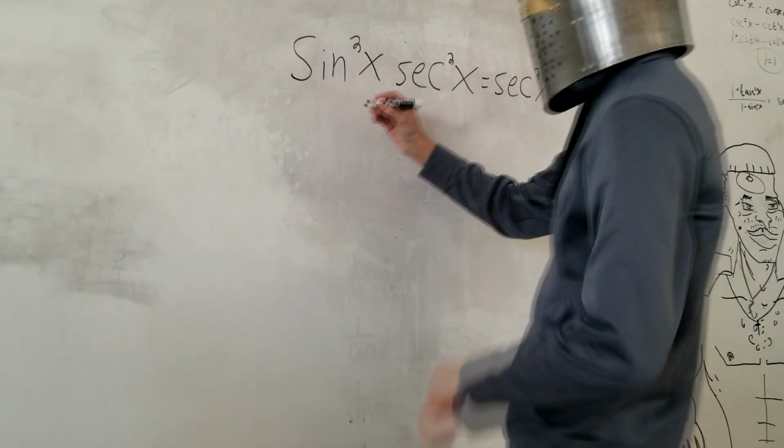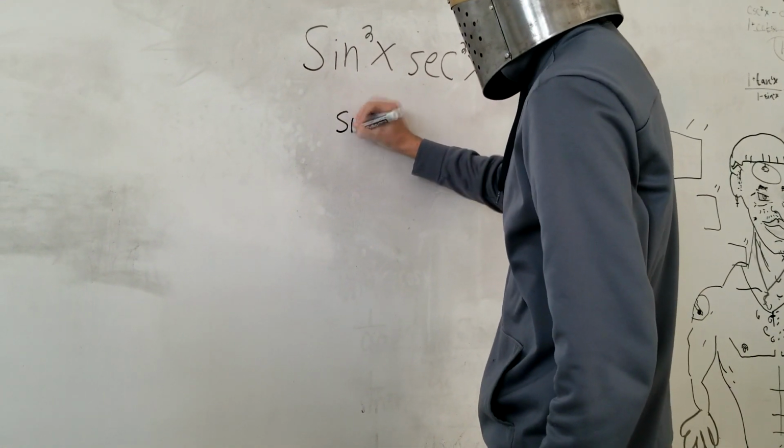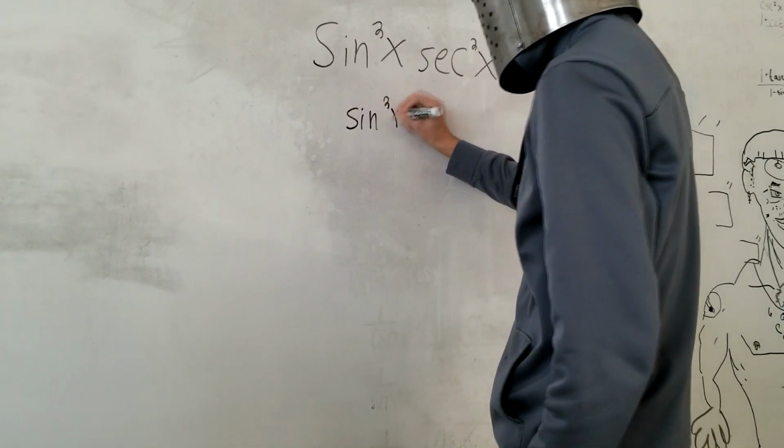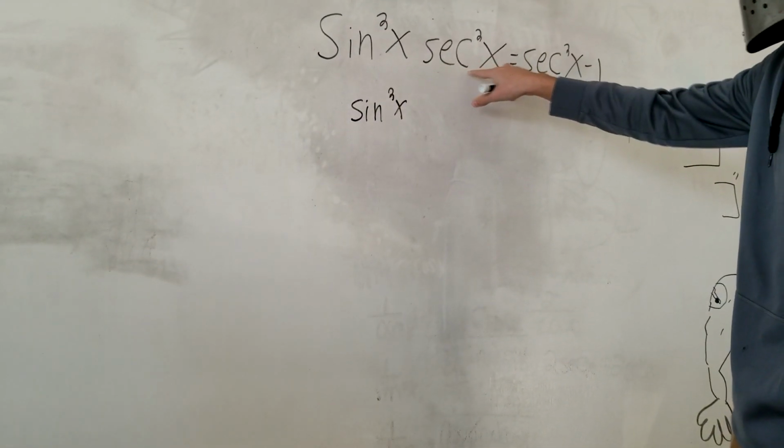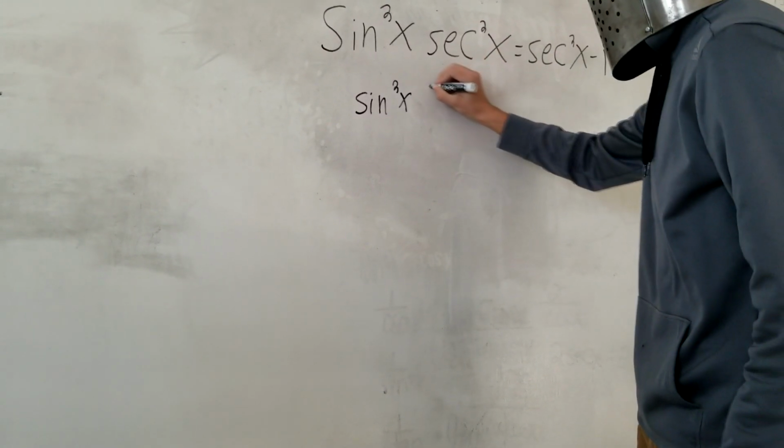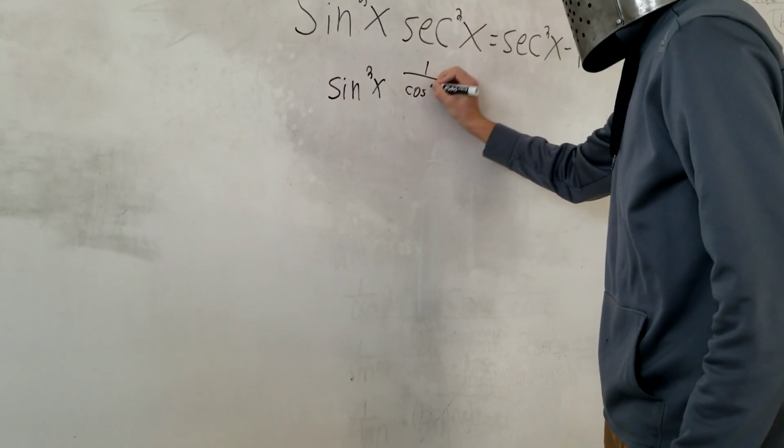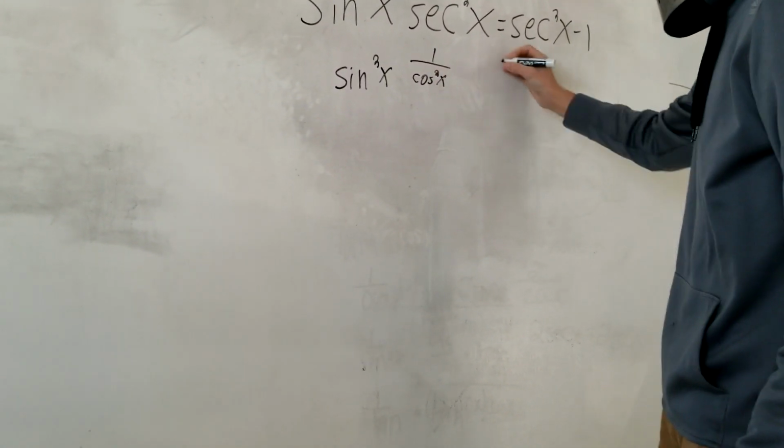Let's see. So we bring down sine squared x, but secant squared x can be changed into 1 over cosine squared x.